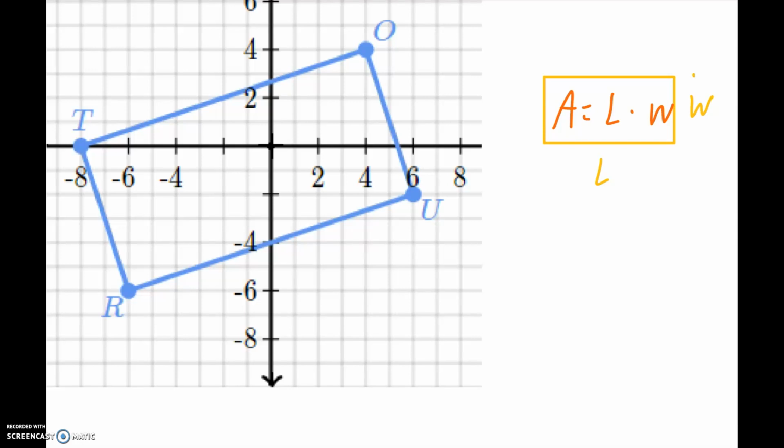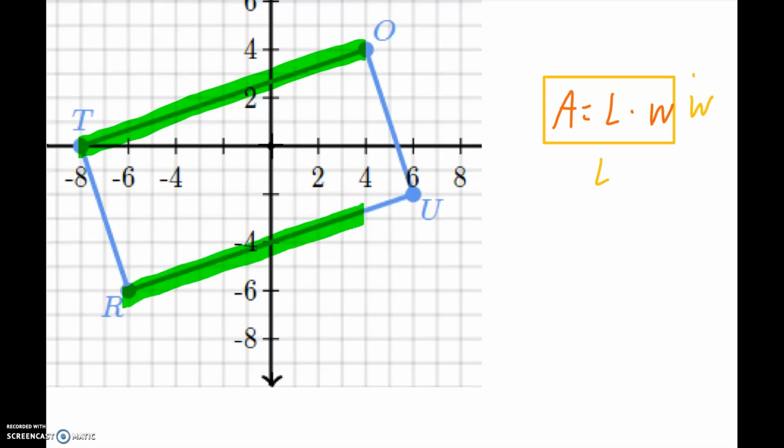So if you can tell me the distance between point T and point O, or between point R and U, because opposite sides are congruent, this is going to be the length of this rectangle, and you can use TO and RU interchangeably.